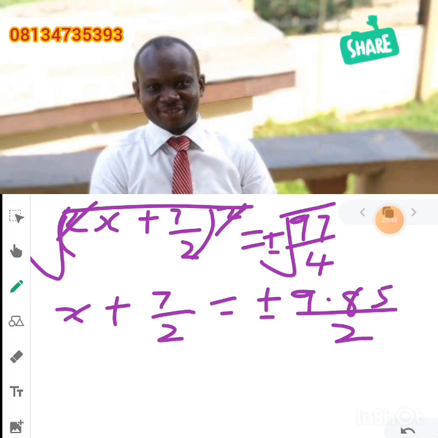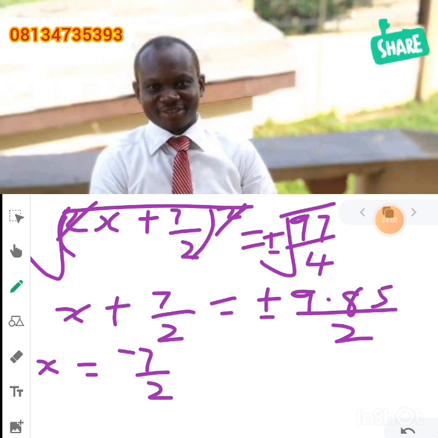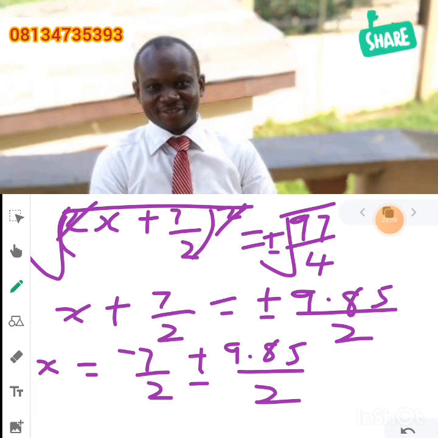So we're getting somewhere. Now we simplify, which is our last step, to find the value of x. So the values of x are minus 7 over 2 plus or minus 9.85 over 2.